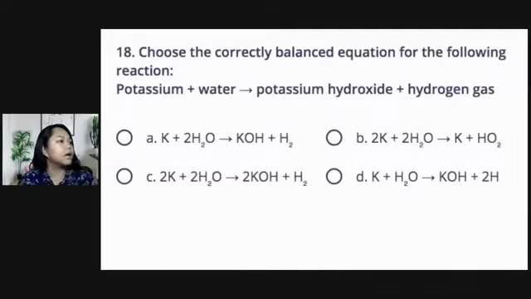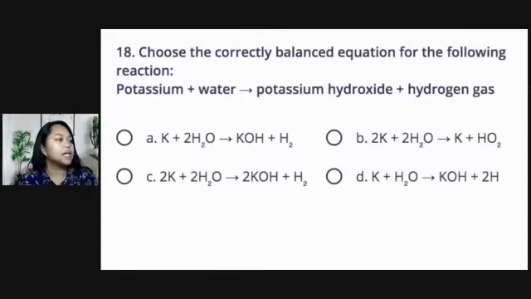Number 18 na po tayo. Okay, 18D, B, D. Karamihang sagot nyo ay letter D.